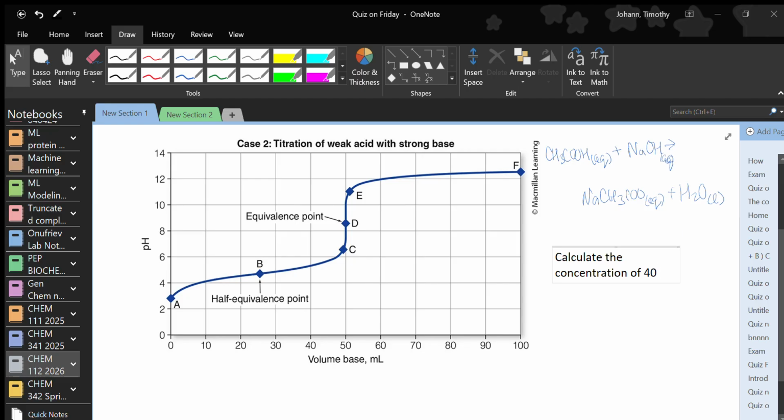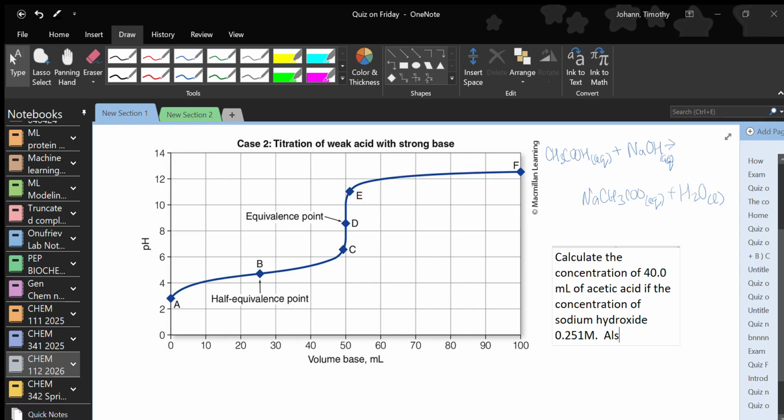Let's do 40.0 milliliters of acetic acid, if the concentration of sodium hydroxide, let's go ahead this time and make it 0.251 molar.